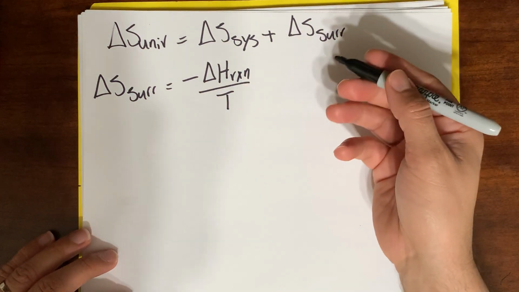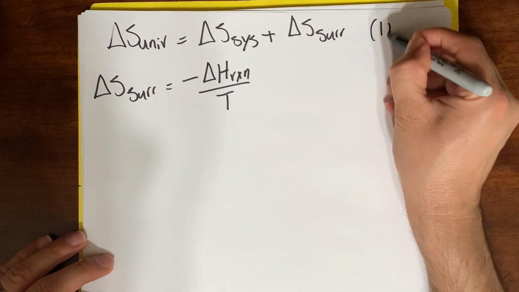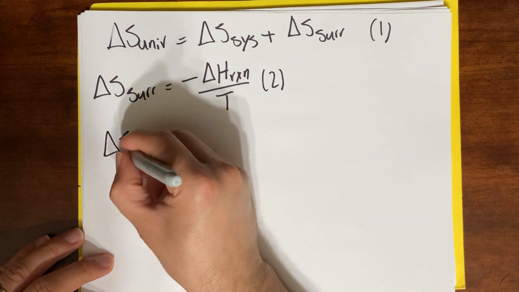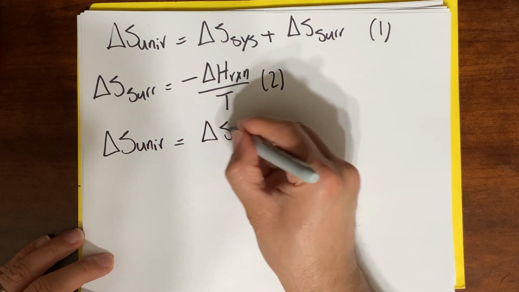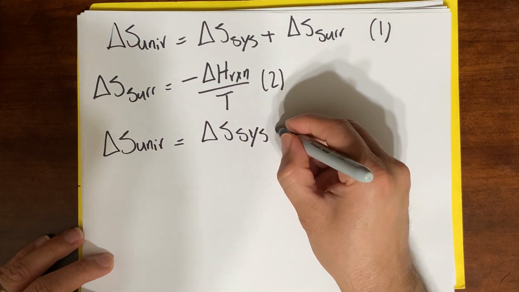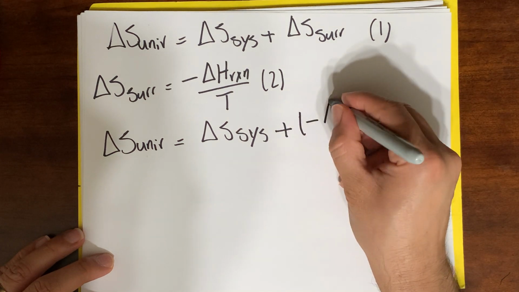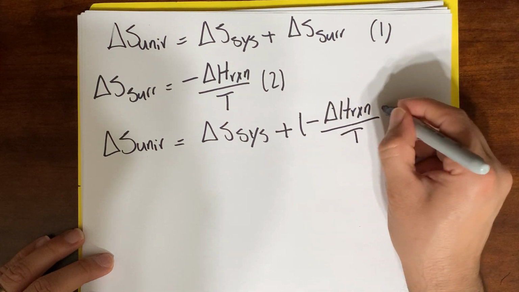So wherever we have delta S of the surroundings, I'm going to replace it by this. Call this one 1, call this one 2. So we get delta S of the universe equal to delta S of the system plus minus delta H of the reaction divided by T.